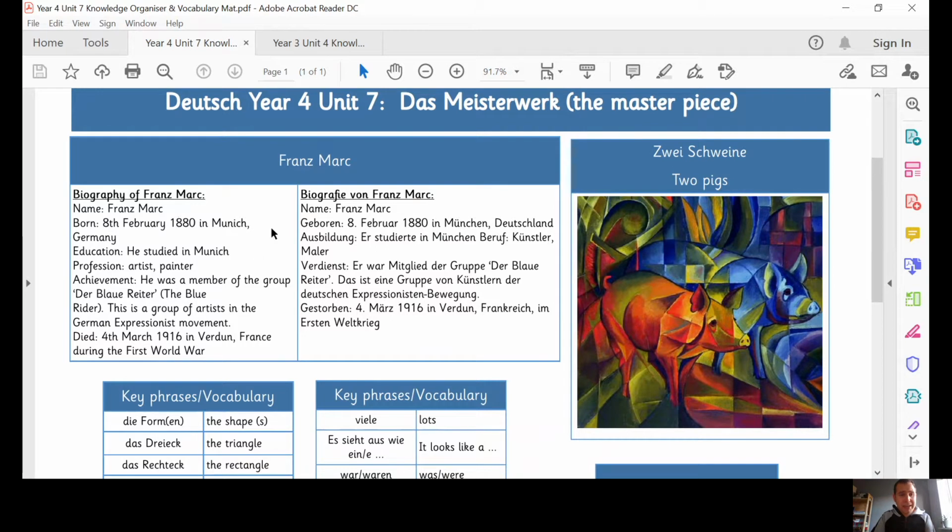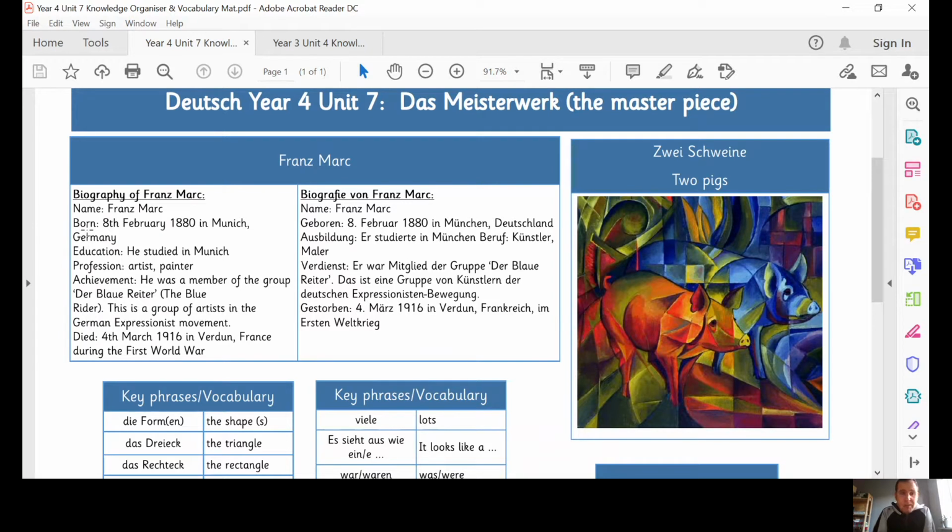Helpfully, I've put it in English and in German. So sometimes it's really nice in languages to be able to look at what the English is and look how that translates in German and see if there's anything you can kind of pick up as you go along. So the biography of Franz Marc, Biografie von Franz Marc. His name is obviously Franz Marc, and he was born, so geboren in auf Deutsch, he was born on the 8th of February 1880 in Munich in Germany, which is quite a big city.